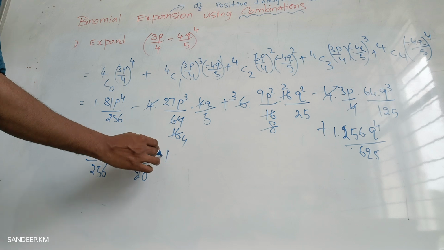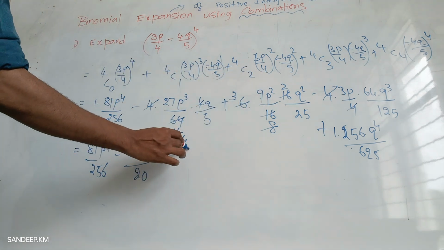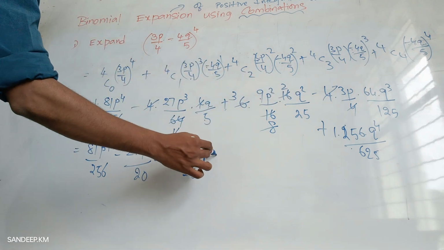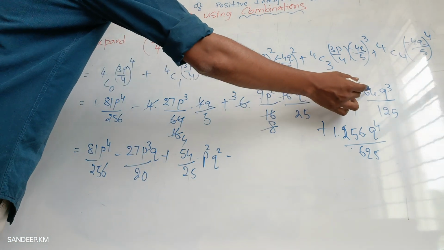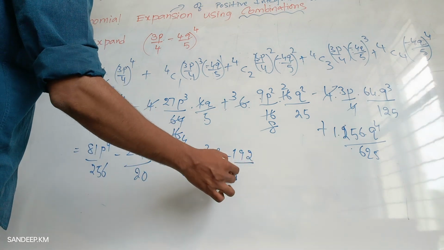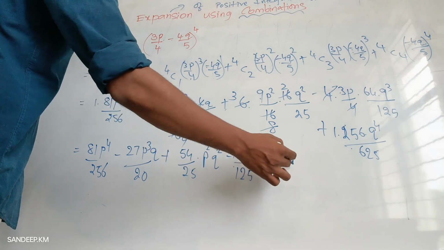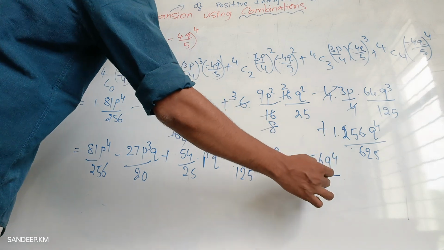Next, plus 3 9s are 27, 27 2s are 54, 54 divided by 25 into p square q square, and after it minus 64 3s are, 3 4s are 12, 6 3s are 18, 192. 192 divided by 125 into p cube, p into q cube, plus 256 q power 4 by 625.